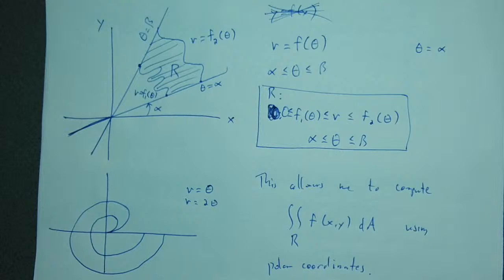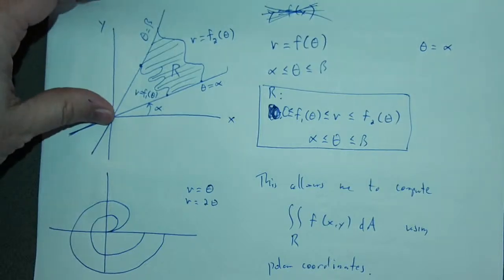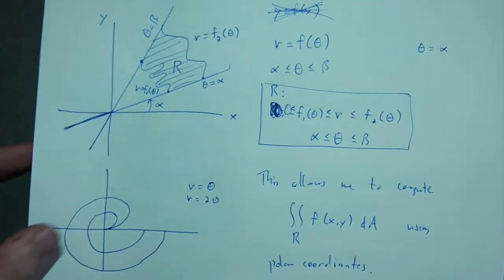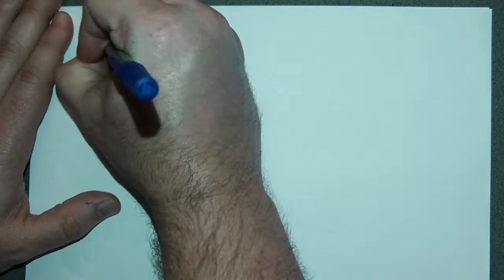I'm going to put off those questions until the end of this chapter, because I'm not going to prove it, but I will state a theorem that this is a special case of. Okay. So this allows us to compute this double integral over a region like this using polar coordinates. How can I do that? Here's how. So double integrals in polar coordinates.